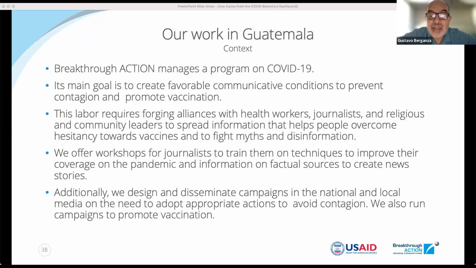So this is the work that we do in Guatemala, and we do it in two ways. As I said in the beginning, we try to create alliances with community leaders, with opinion leaders mainly, because we know that their credibility helps to spread the correct messages about the virus and vaccination.